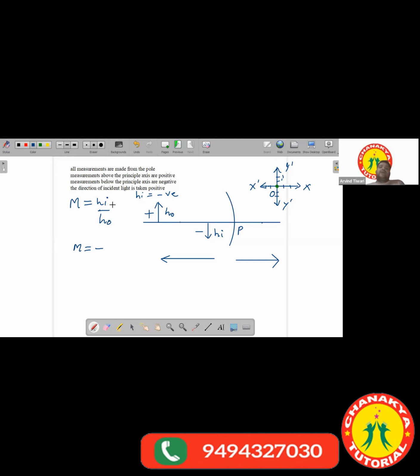I will get a negative number from this fraction, height of image over height of object. Now I know that the height of object will always be positive, so this number will always be positive. And if the height of image is negative, then only will I get a magnification that is negative. So what does it mean? What can we say about the image? Is the image inverted or erect?